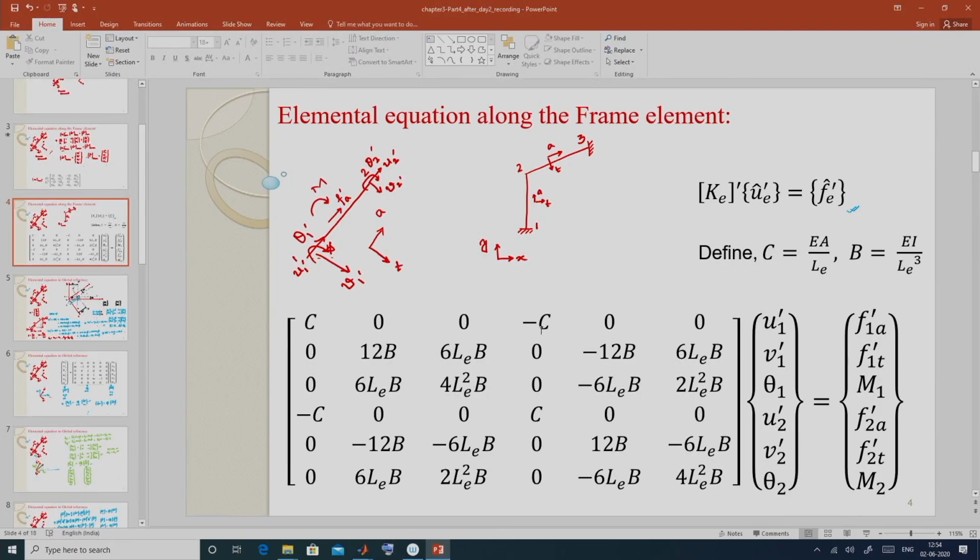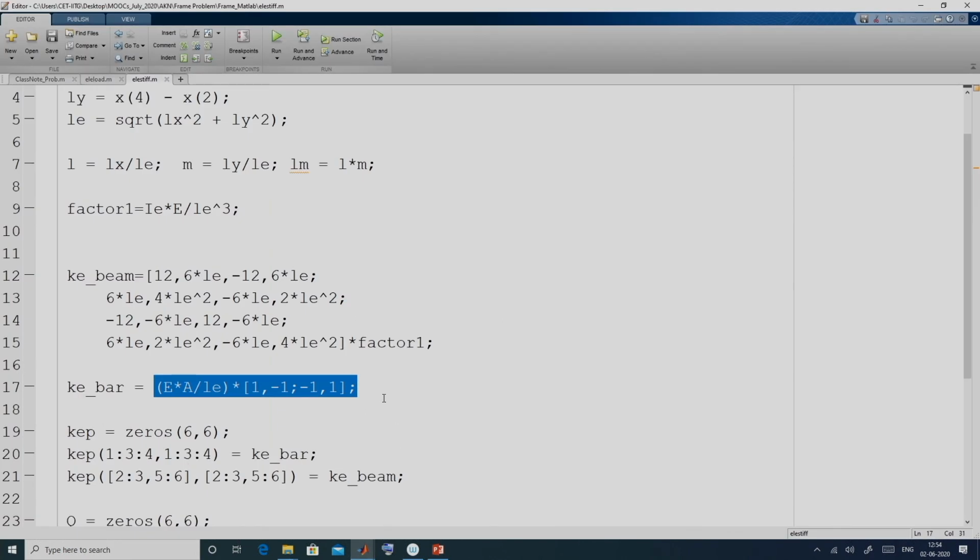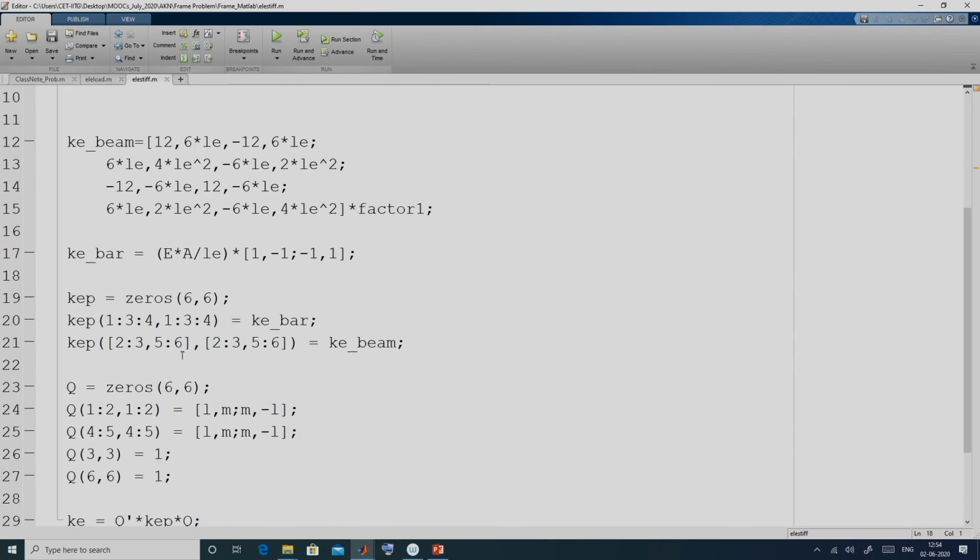This is C minus C, minus C C. If you see the MATLAB program, first I make one 6 cross 6 zero matrix, then the bar entry KE bar is entered in the 1 4th location.